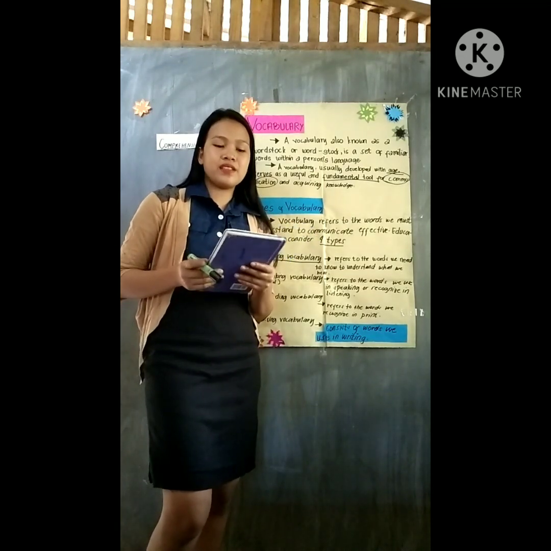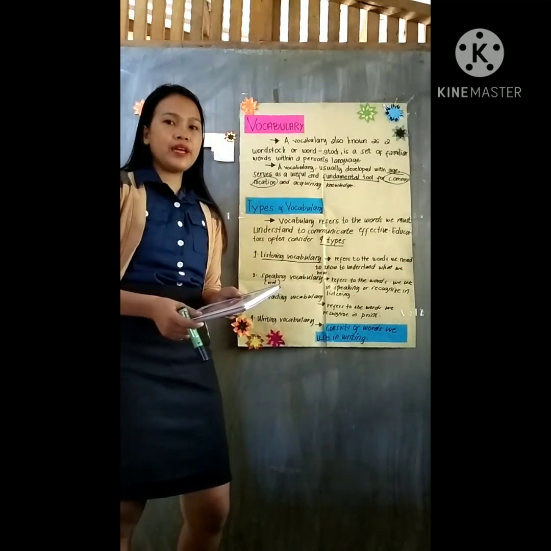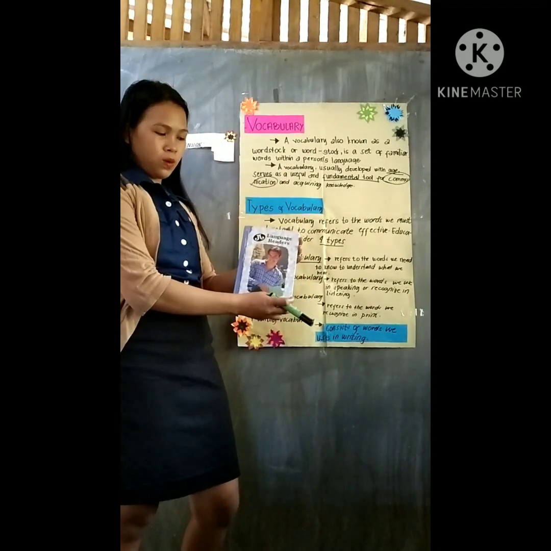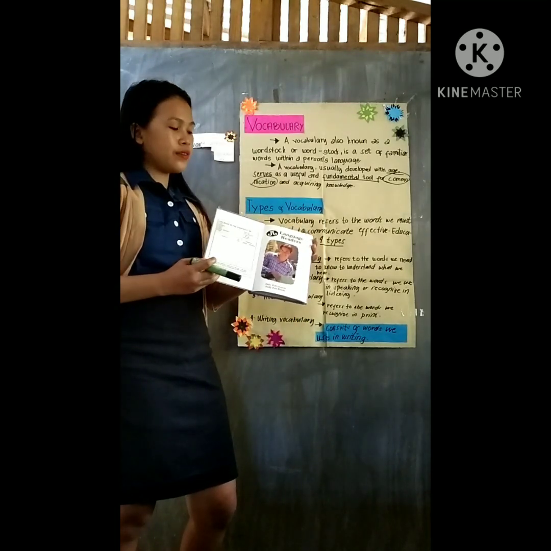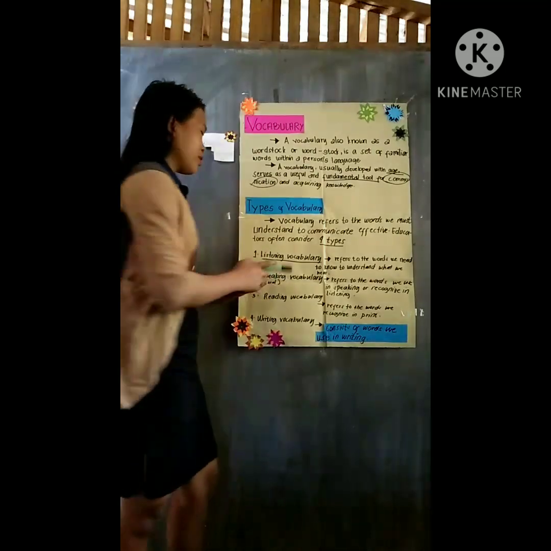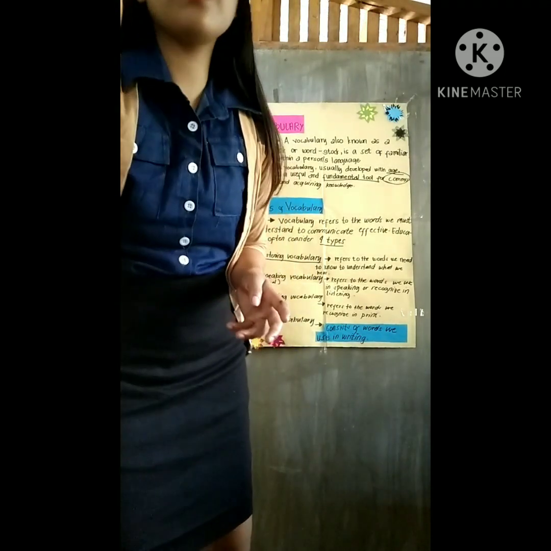Okay, and that's it for the listening vocabulary. The learning material is the book. I read a story about this and now you will understand what the learning vocabulary is.